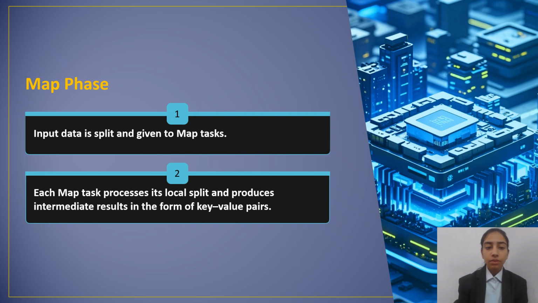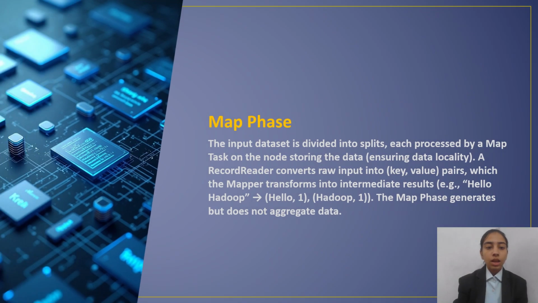Each split is given to a map task which processes the data and converts it into key value pairs. For example, if the input is hello Hadoop, the output will be hello, 1 and Hadoop, 1.